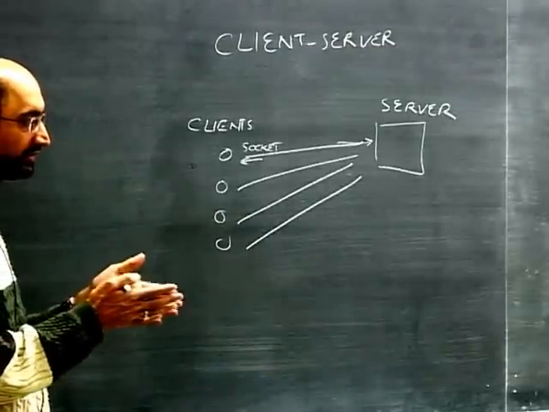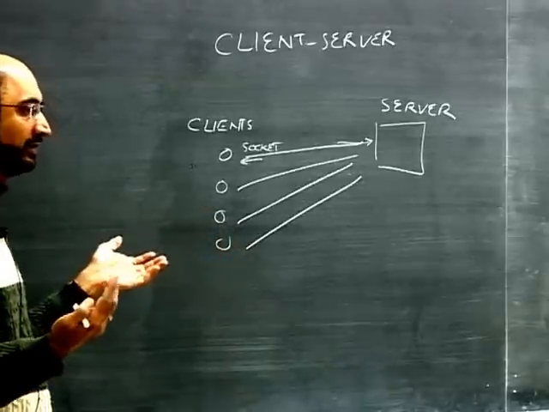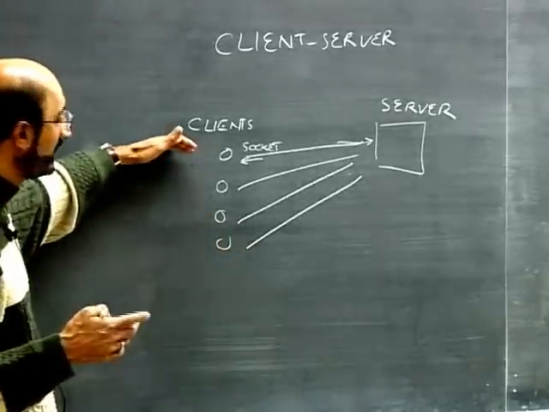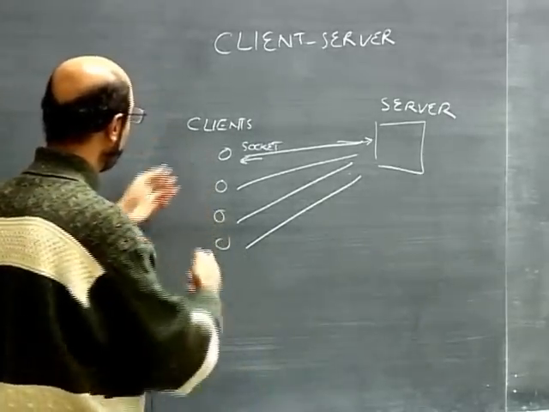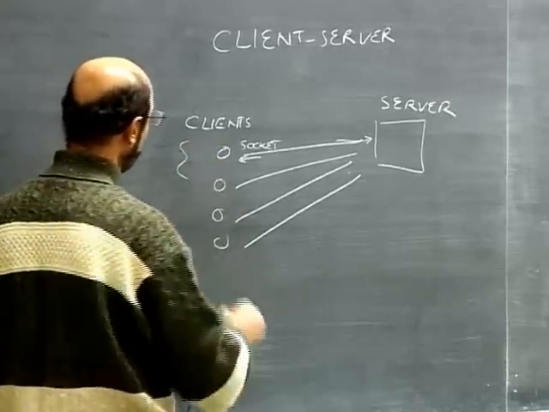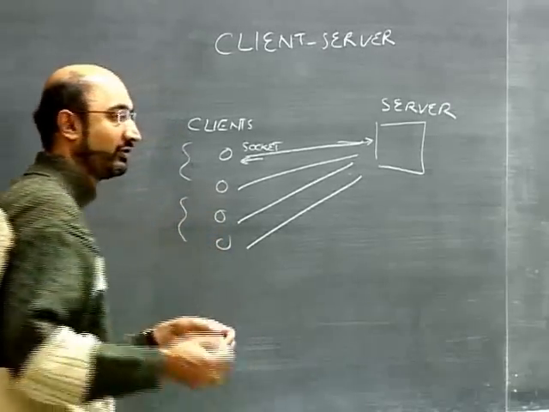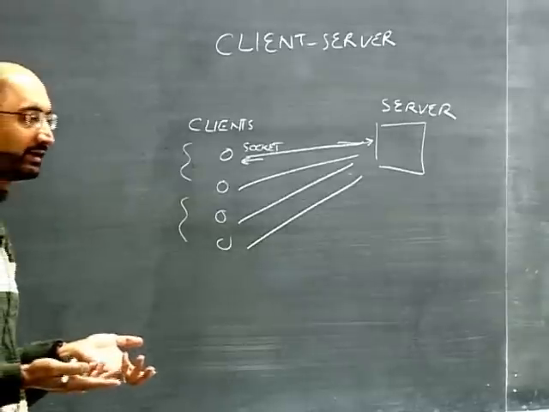So we can think of it as having some kind of memory. In this memory it's saying, okay, if it's a tic-tac-toe game, for example, client 1 has made 2 moves, client 2 has made some other moves, and these 2 clients are playing together, and those other 2 clients are playing together, and so on. All that has got to be kept track of, and that's what makes it complicated.